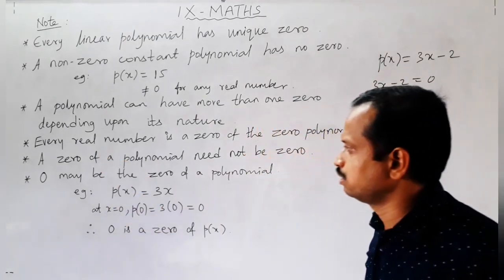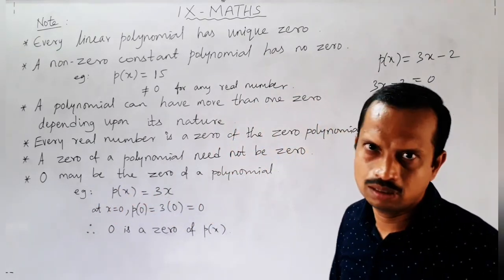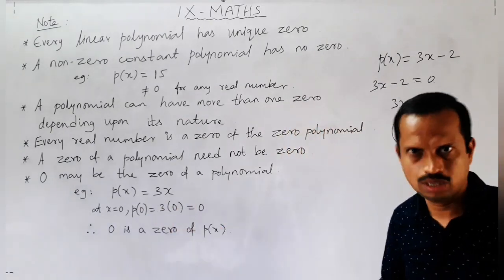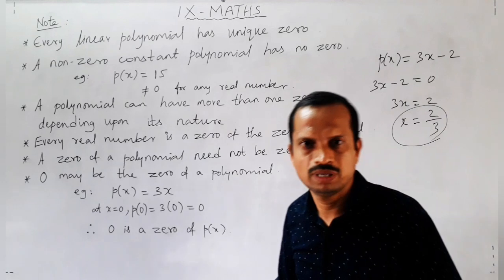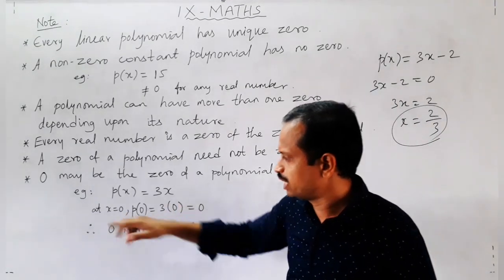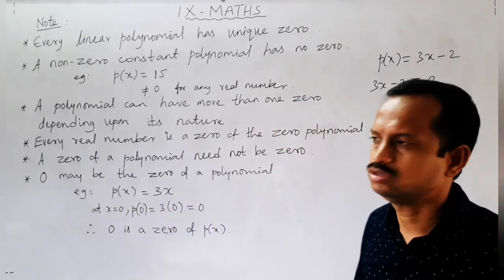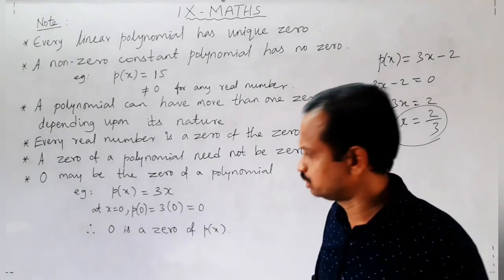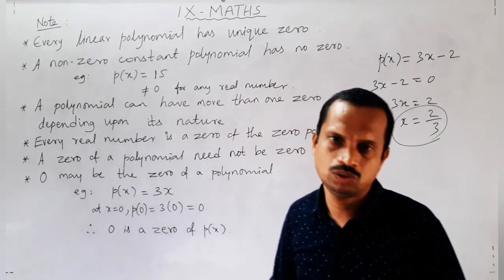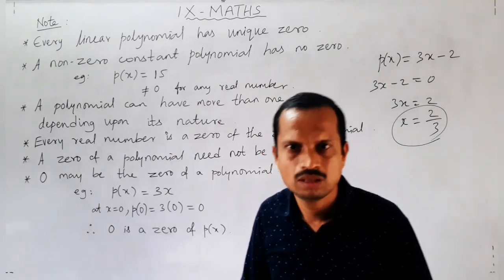And coming to the next point, 0 may be the zero of a polynomial. Maybe. p(x) = 3x is the given polynomial. It is a linear polynomial, 3x. So if you put x = 0, what happens? 3 into 0 becomes 0. So the value becomes 0. Therefore, for what number does the value of the polynomial become 0? The number 0. The number 0 makes the polynomial 0.